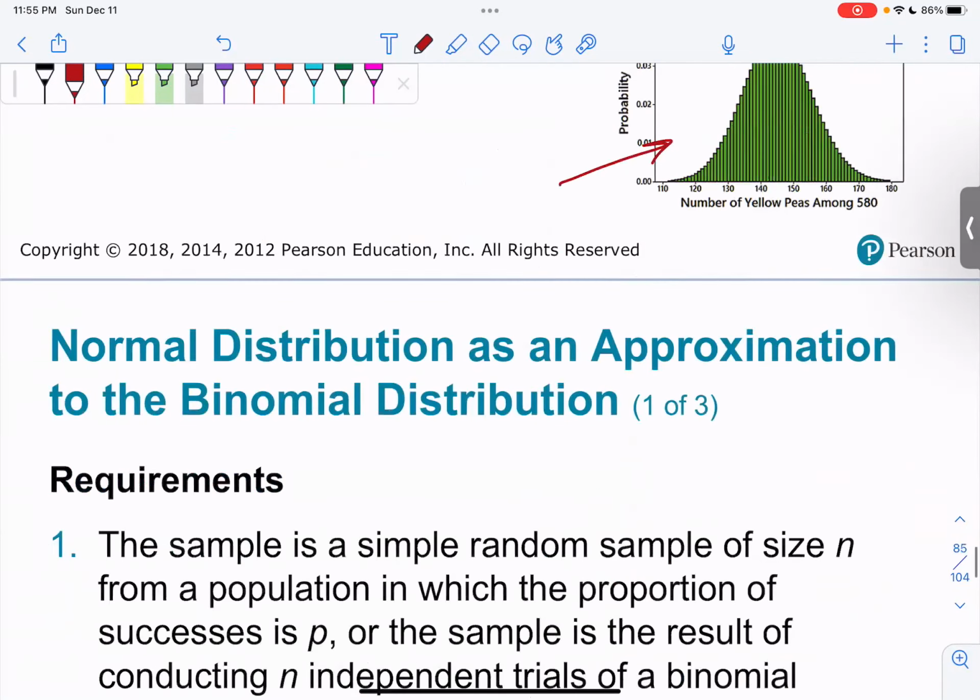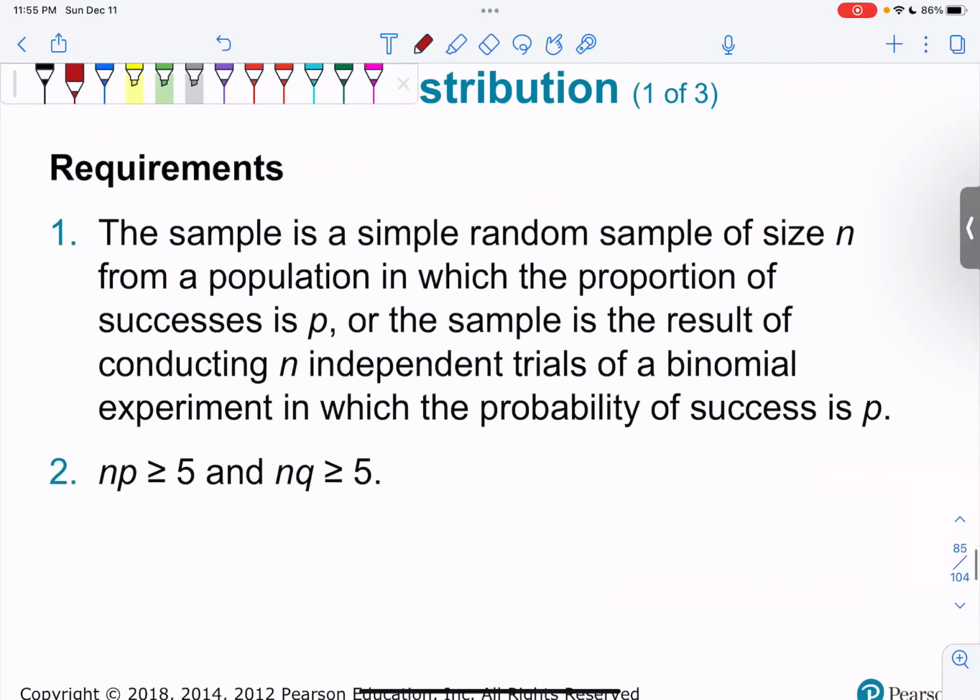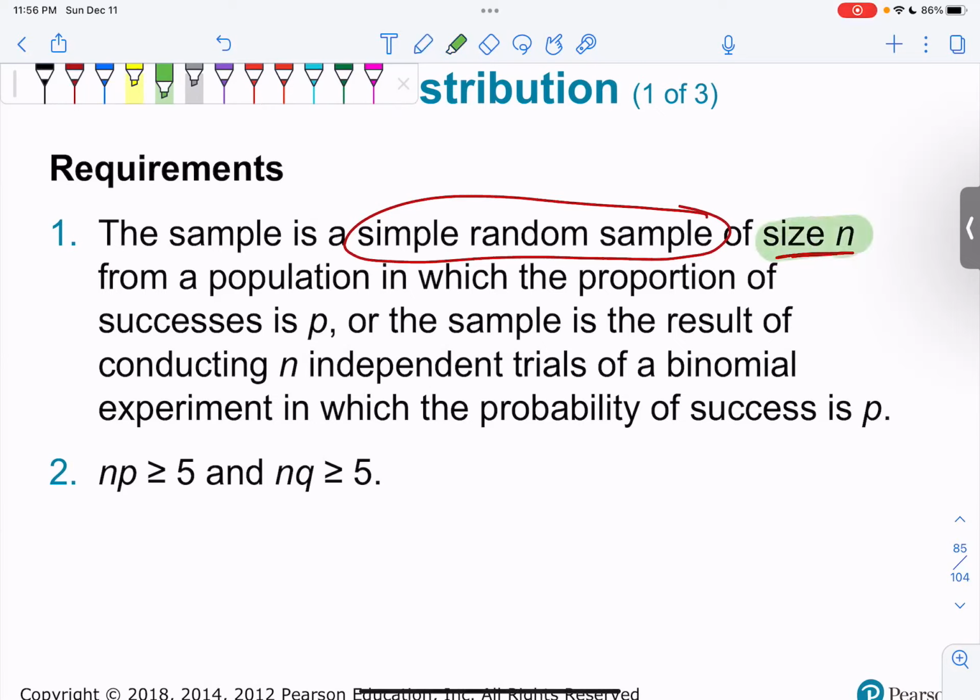So let's check the requirements here. We must have a specific sample size, and this sample must be a simple random sample, right? And then we have p, the probability of success. And remember, we have n independent trials of a binomial experiment, right?